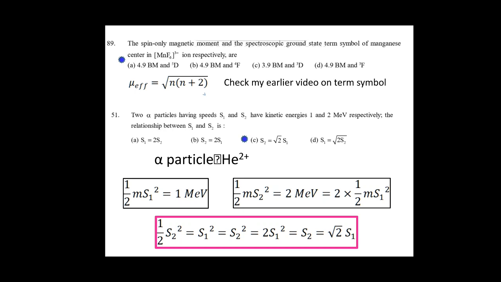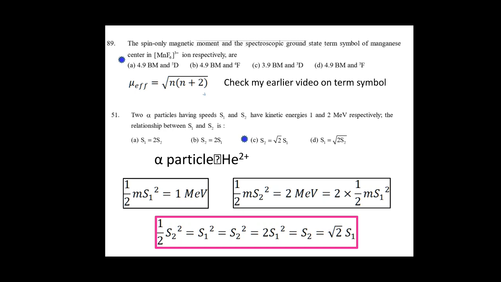Now it is moving with some speed. There are two particles, s1 and s2. Now what is the kinetic energy? The kinetic energy formula is half m v square. Now if I use the formula for both particles, for the first particle I will get half m s1 square equal to 1 MeV, and for the second particle I will get half m s2 square equal to 2 MeV. 2 MeV I can write as 2 into 1 MeV, and then do the mathematical cancellation.